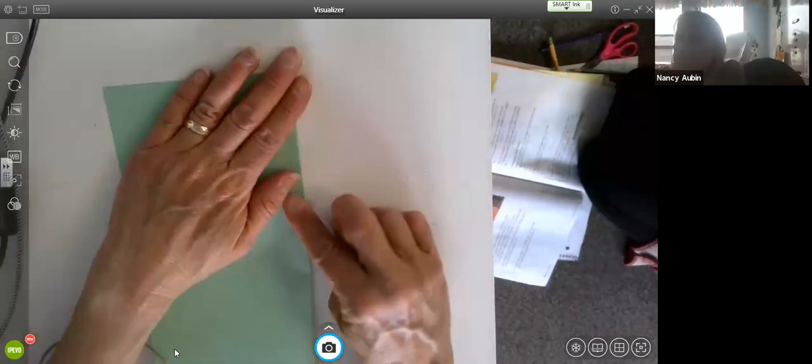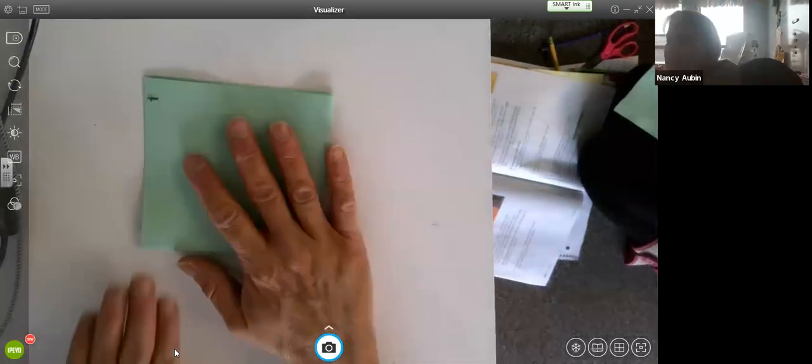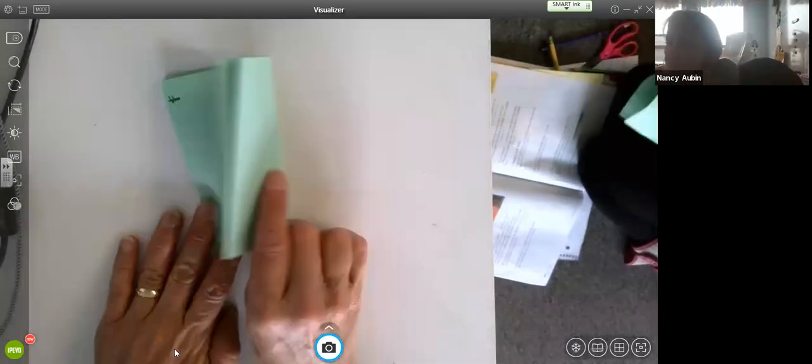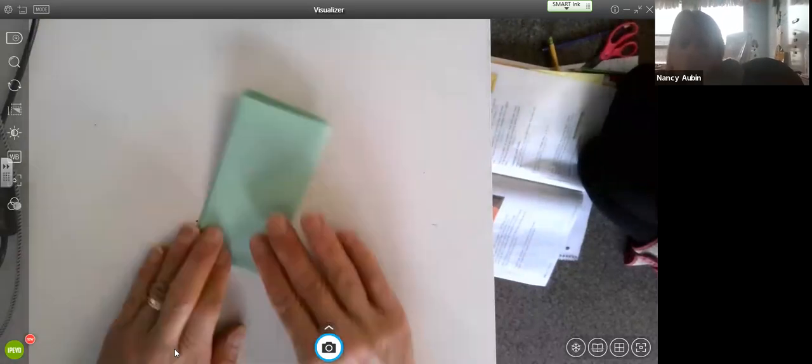There's 1. Fold it again. 2. And then we have to fold it again. 3. What shape did I make, Haley Booker? I made a rectangle.